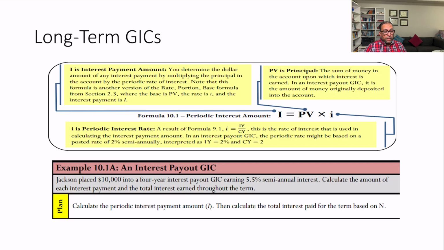Now here is an example. Jackson placed $10,000 into a 4-year interest payout GIC earning a 5.5% semi-annual interest rate. Calculate the amount of each interest payment and the interest earned throughout the term. For each interest payment, we know the present value, which is 10,000.